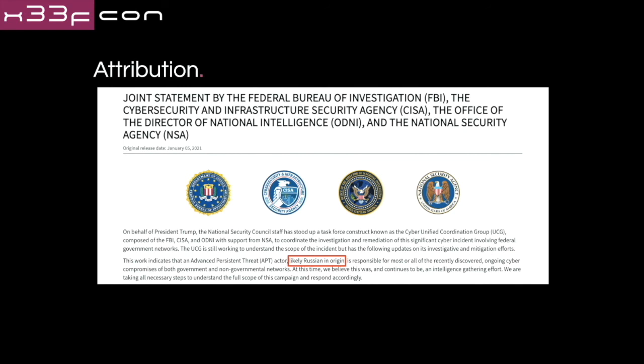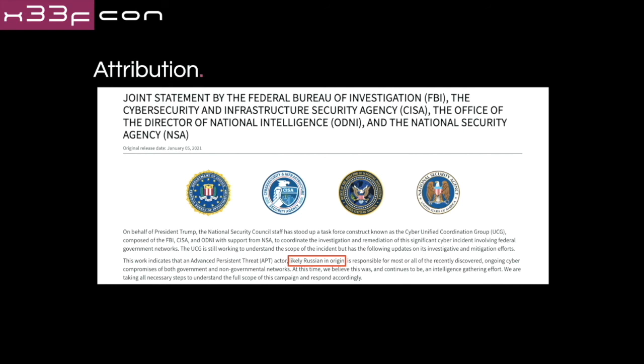And now you probably understand why they didn't say anything stronger, like it was this unit from Russia, or it was Russian activity, and they say likely Russian activity. Because as we know today, the US intelligence community was being forced to make a statement, and probably they didn't have enough evidence to be certain about it at that stage.